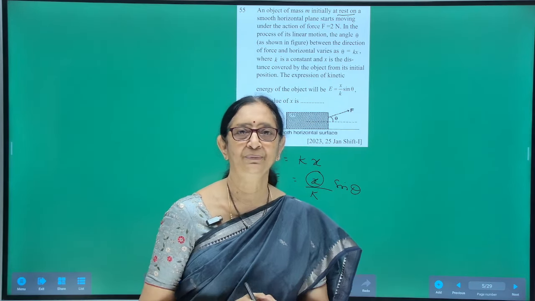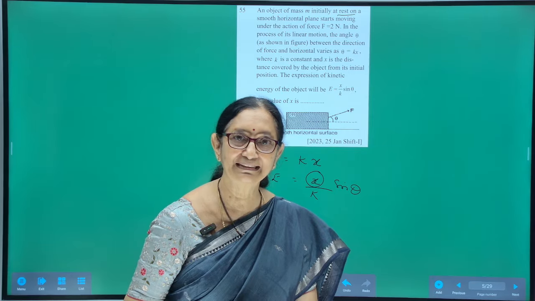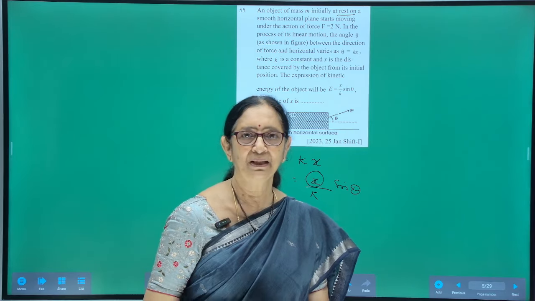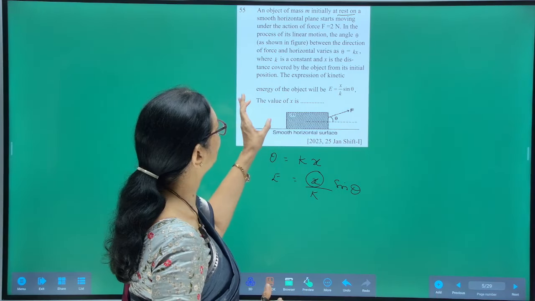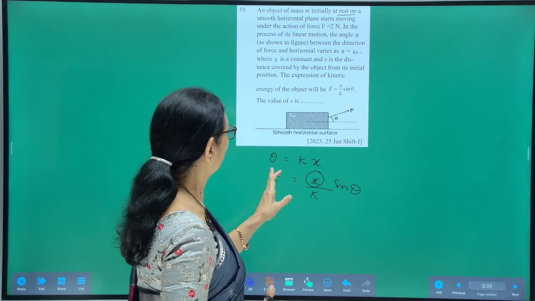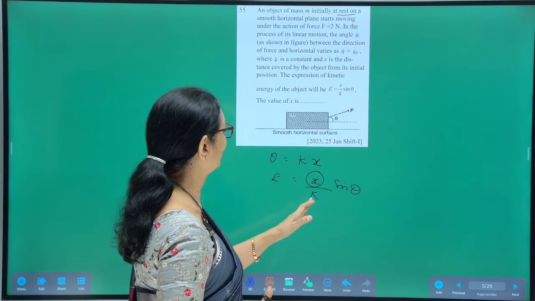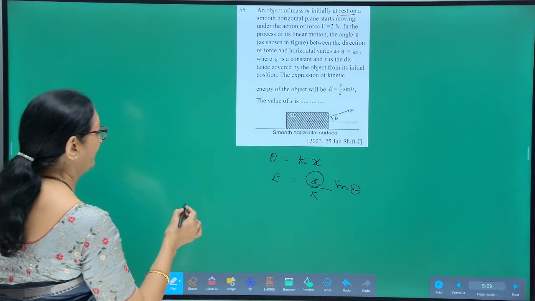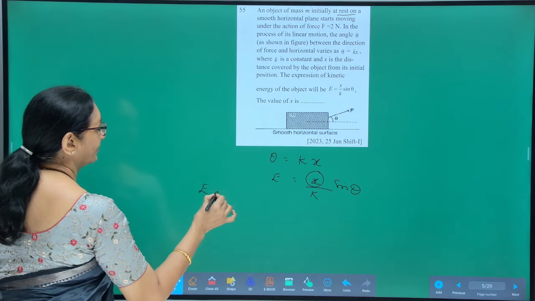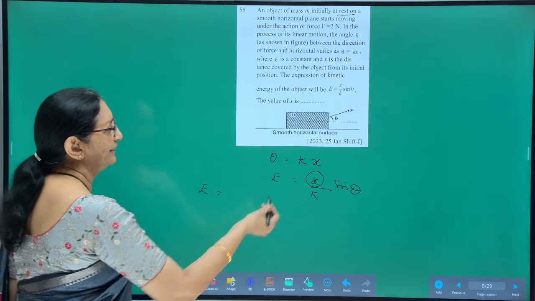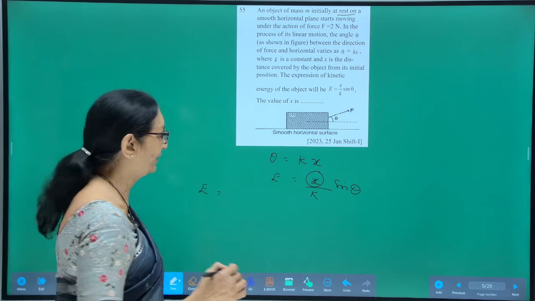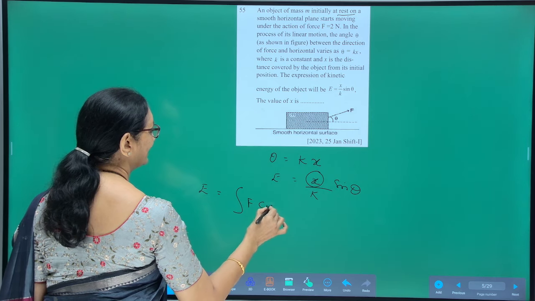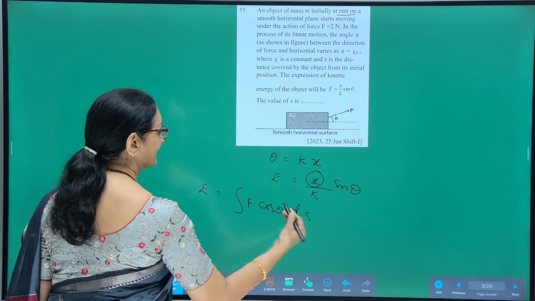You see here, a force is applied at an angle theta which varies with the displacement of the block. So, after some distance, the energy acquired by it is given by x by k into sine theta. So, here actually energy acquired by the body is nothing but work done by the force on the body, which is given by F cos theta into ds.